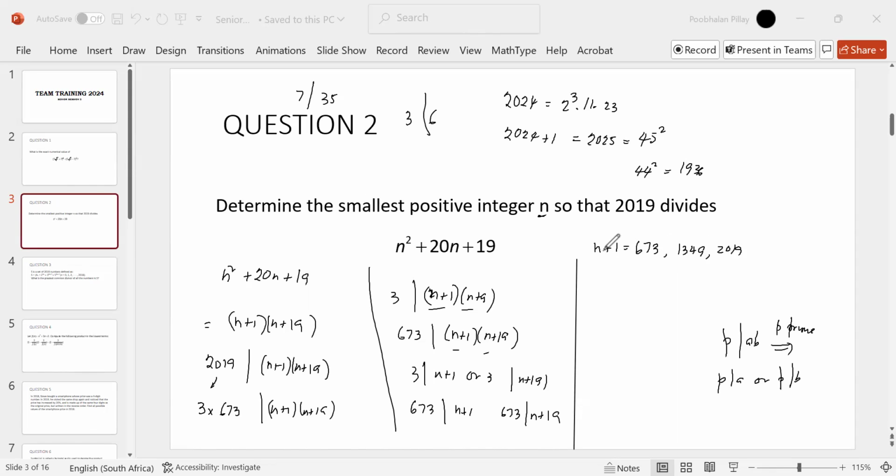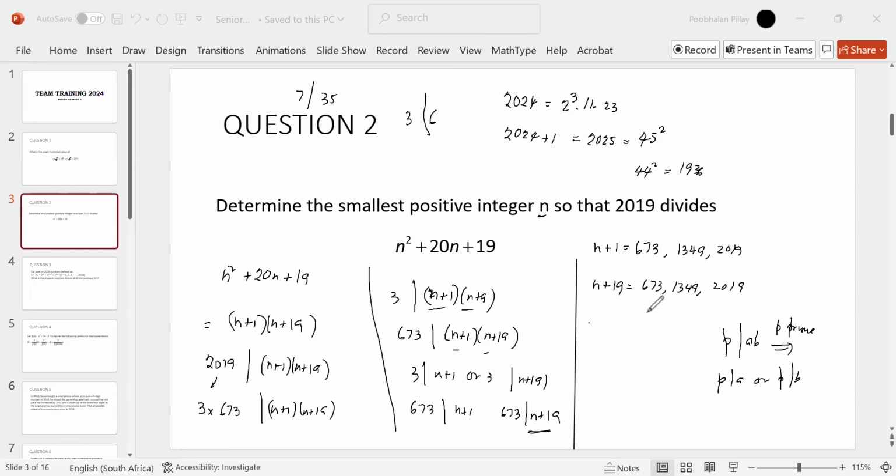So n will be equal to this minus 1, this minus 1, this minus 1. But if you want it to be as small as possible, you'd rather do that, because then we're subtracting 19. So let's say n plus 19 is 673 or 1349 or 2019. Right. So therefore you'll have that n.